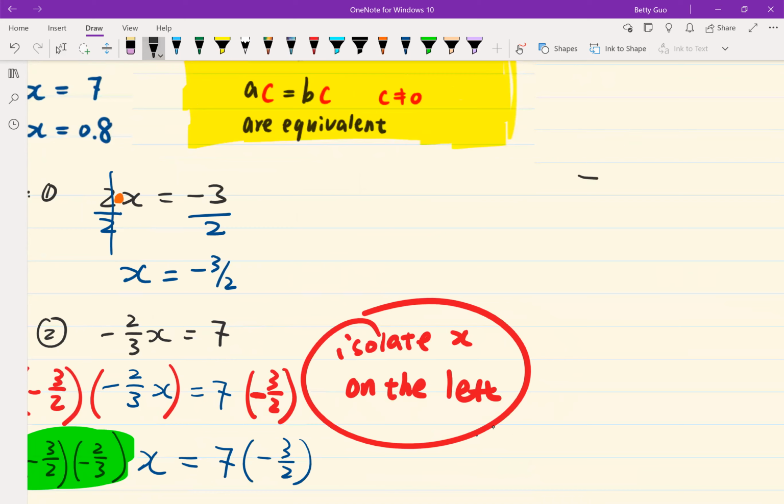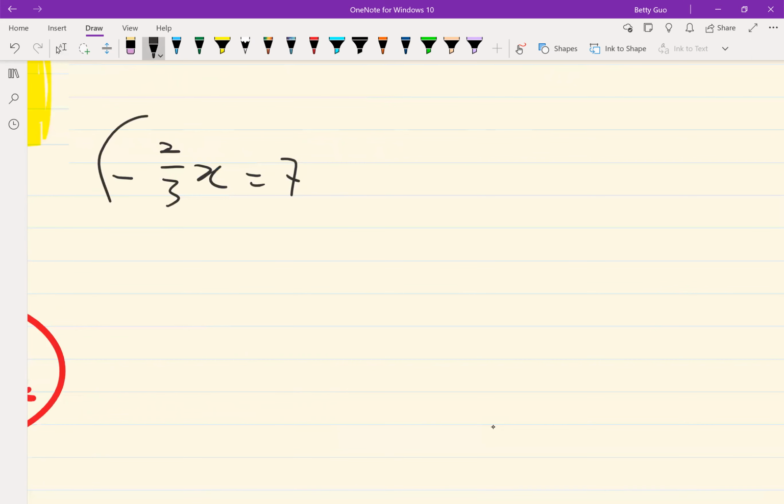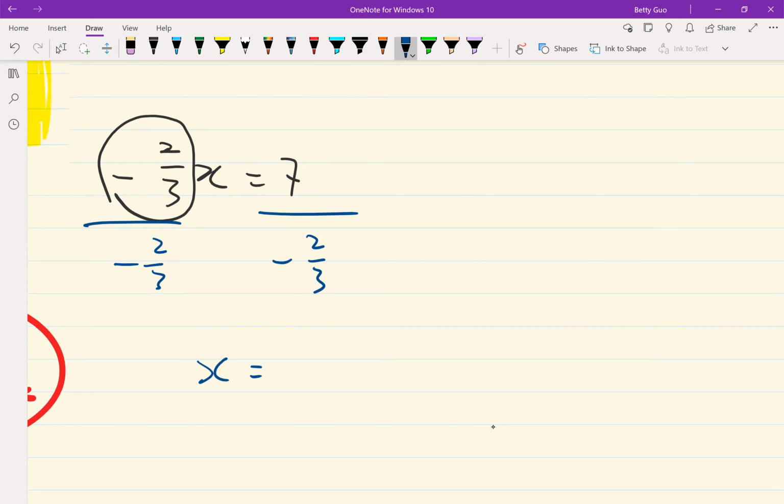Because you have negative 2/3 x equals 7, right? Okay, the coefficient is negative 2/3. So you know, okay, I'm going to divide both sides by negative 2/3. And then you have x equals 7 divided by negative 2/3. And then you have to flip, right?